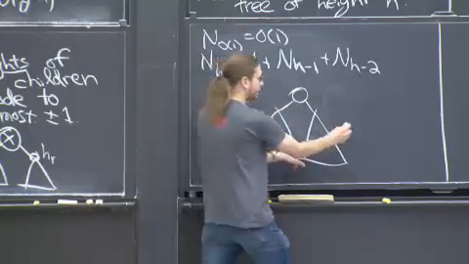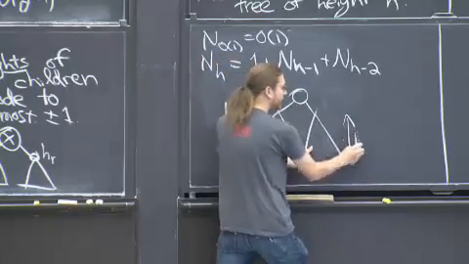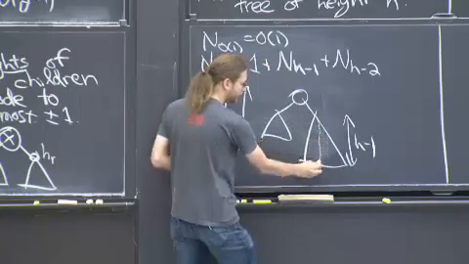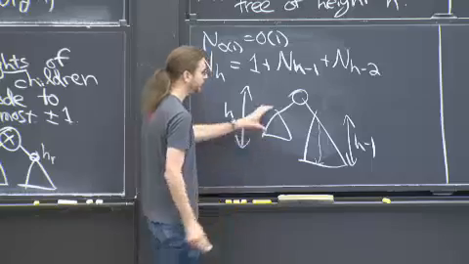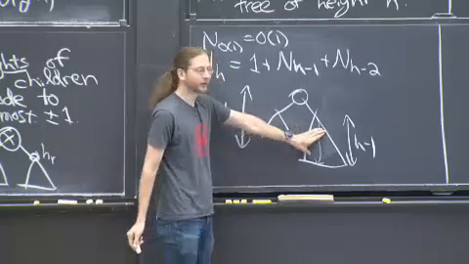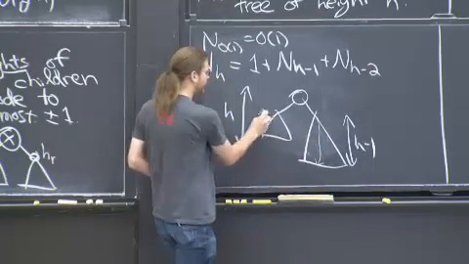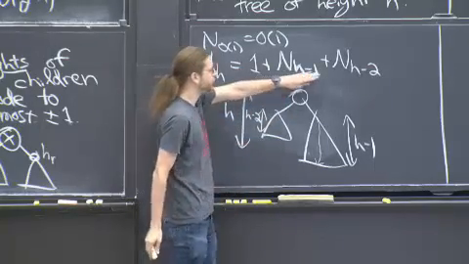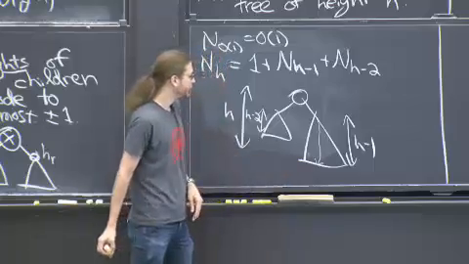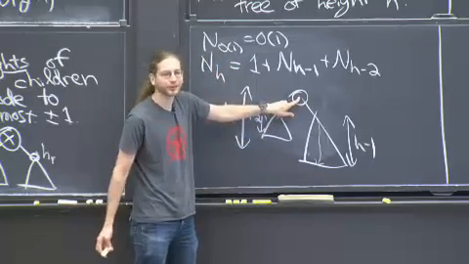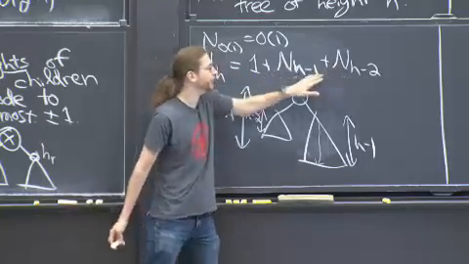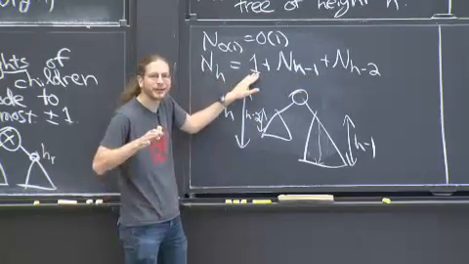So that means that the larger has height h minus 1, because the longest path to a leaf is going to be down this way. What's the height of this? Well, it's 1 less than the height of this, so it's going to be h minus 2. This is where the n sub h minus 1 plus n sub h minus 2 come in. But there's also this node. It doesn't actually make a big difference in this recurrence. This is the exponential part. This is like an itty-bitty thing.